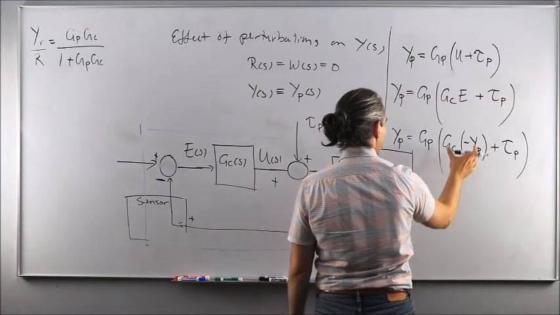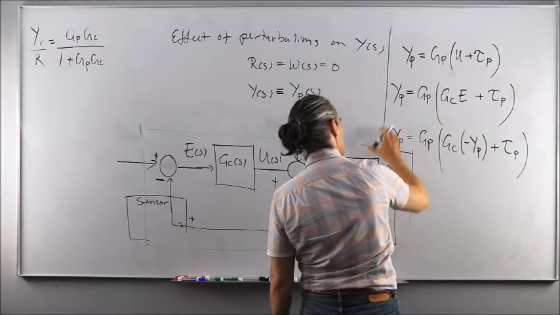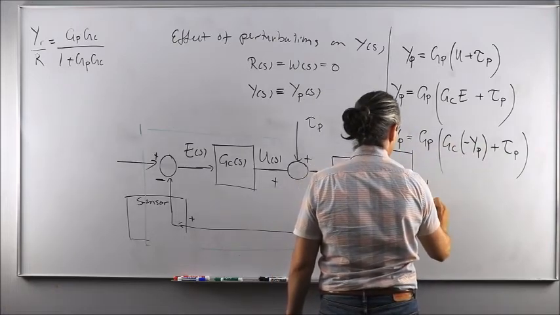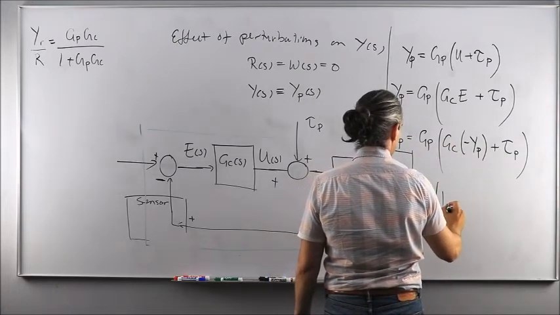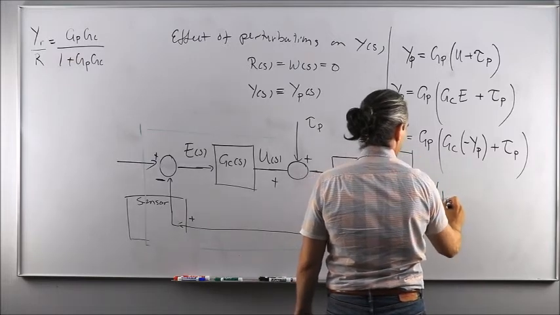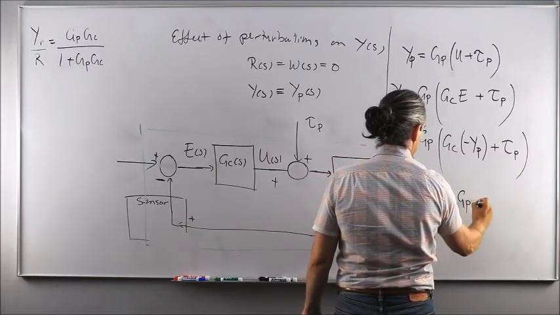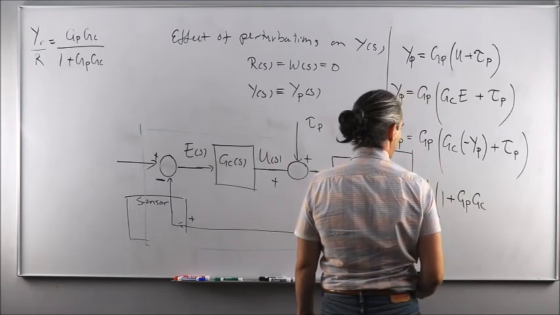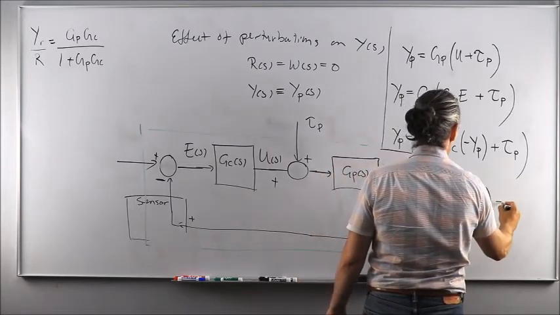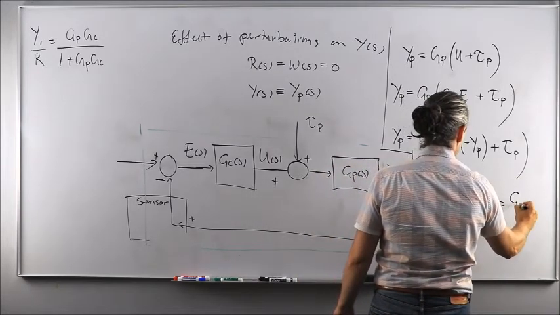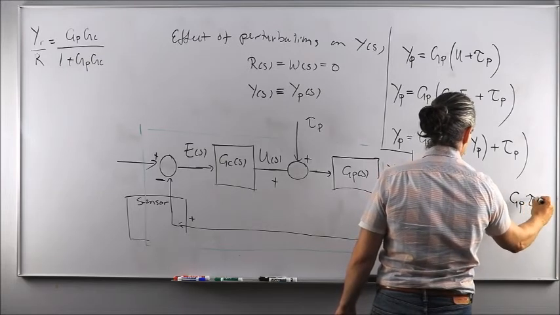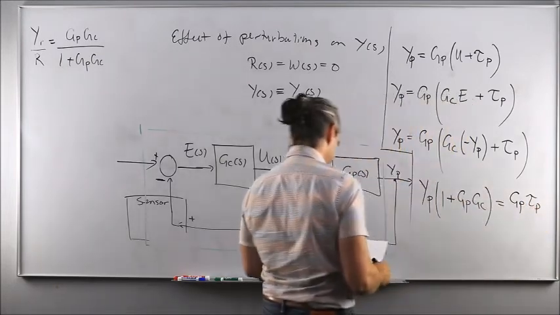Or alternatively, by flipping the yp term on the left-hand side, I'm going to say yp multiplies 1 plus gp gc will be equal on this side to gp tau p.